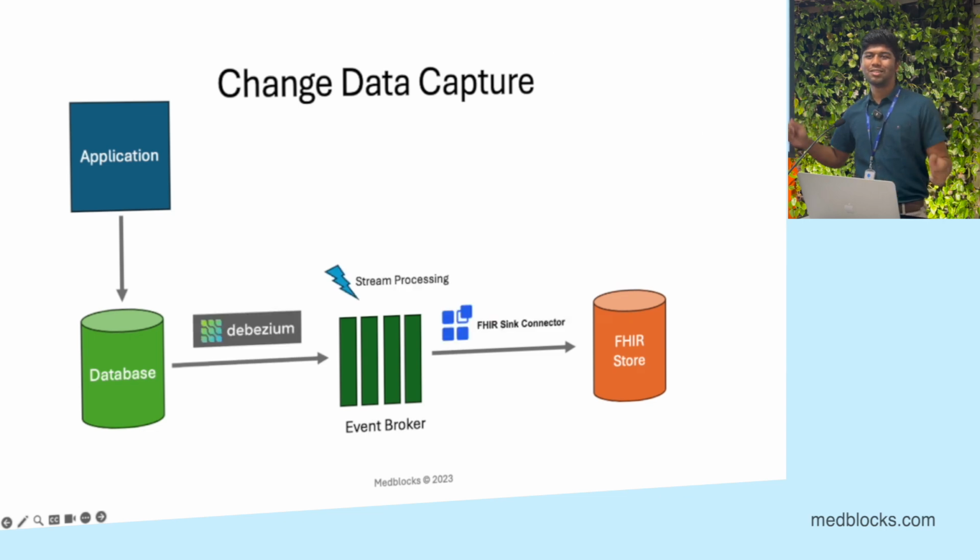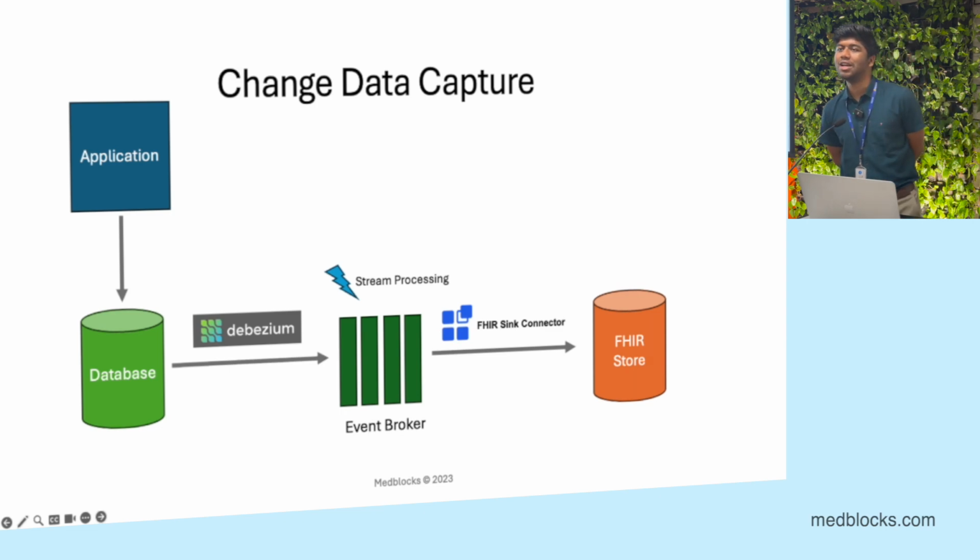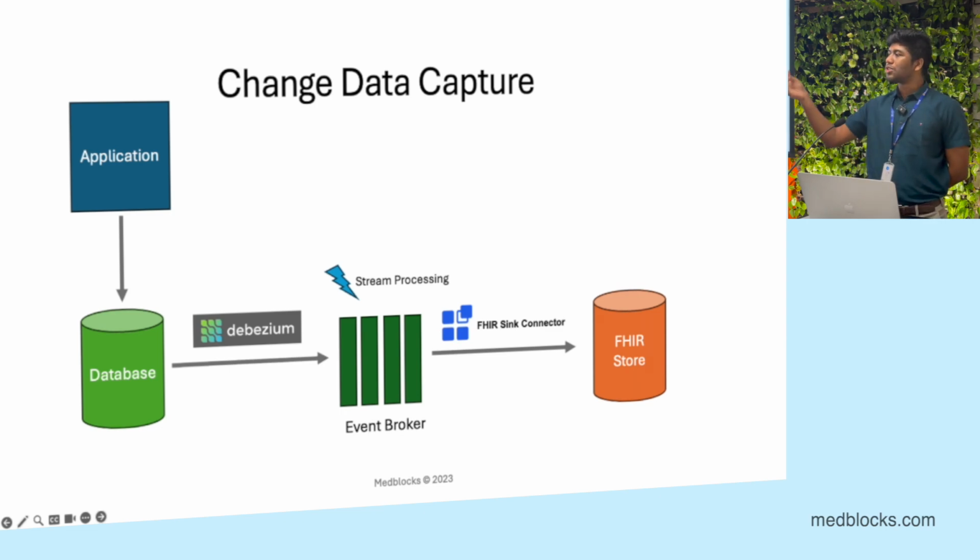So again, we use this tool called Debezium. It's a really cool tool. You need to check it out because it has source connectors for almost all popularly used databases. Debezium can work with MongoDB, MySQL, MariaDB, Oracle. It just covers a lot of these databases. You're able to capture data as it is happening.